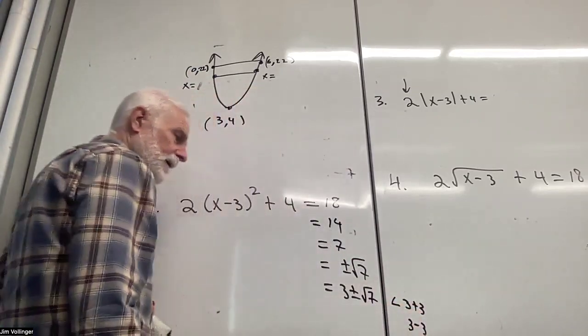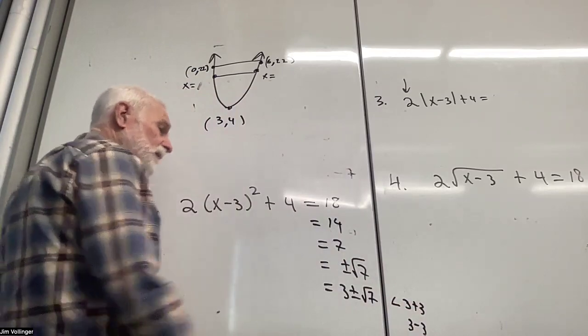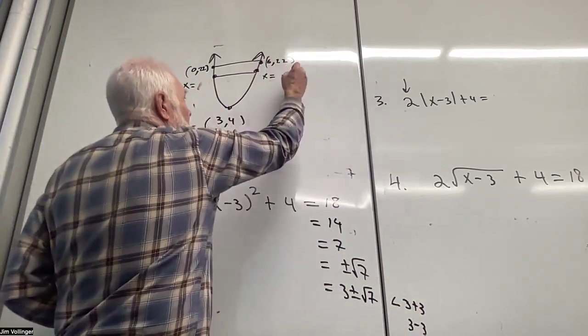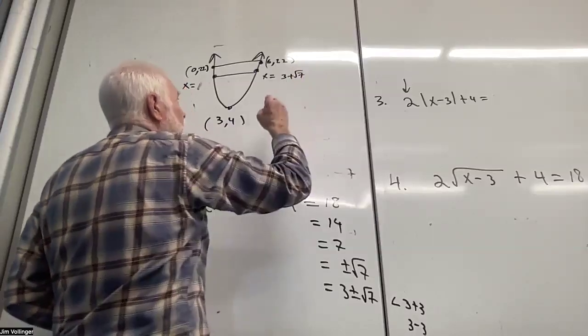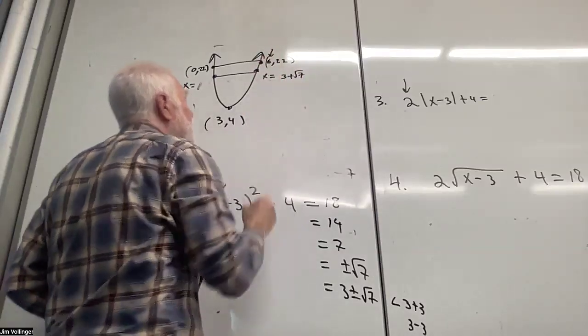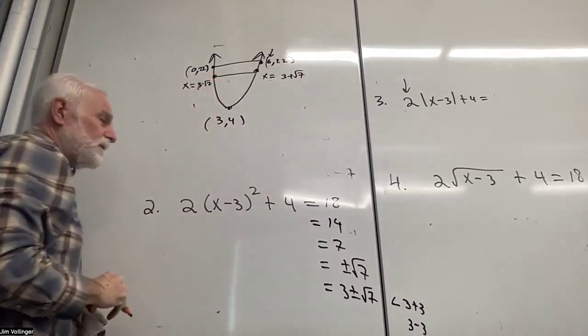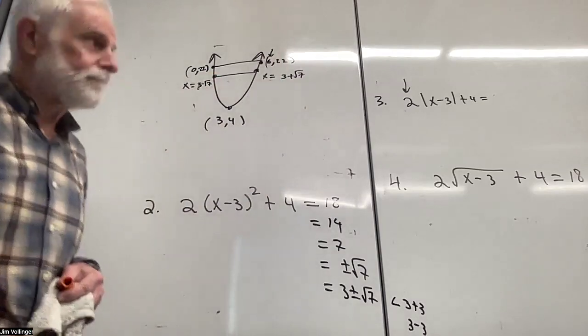Yes, okay, so this is to the left of this number. 3 plus the square root of 7 is smaller than 6, and 3 minus the square root of 7 gets me the symmetry that I'm looking for.